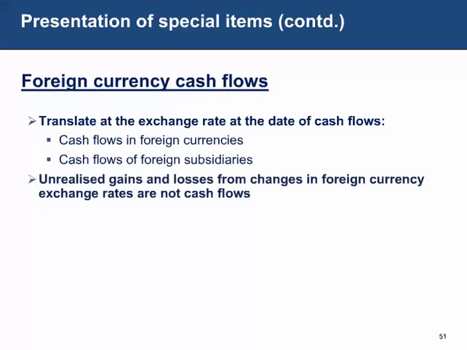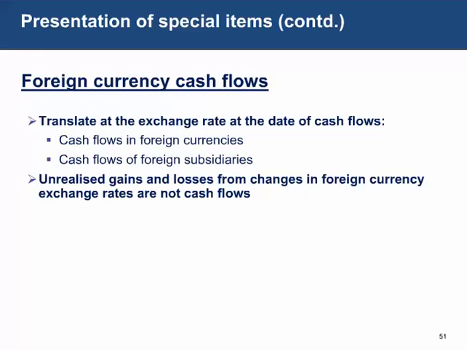Unrealized gains and losses from changes in foreign currency exchange rates are not cash flows. Thus, any unrealized gains and losses incurred in the profit and loss account as a result of Accounting Standard 11 application will have to be adjusted, and that gets adjusted under the indirect method and automatically gets adjusted in the direct method.